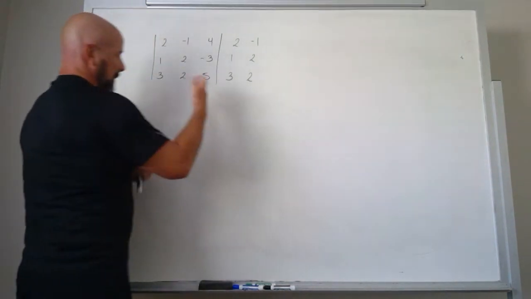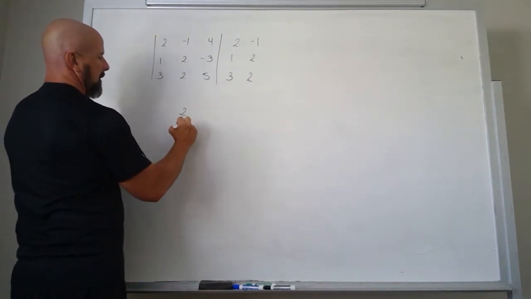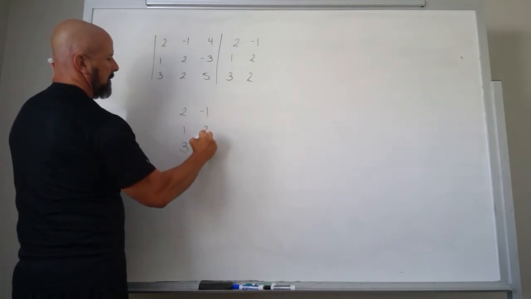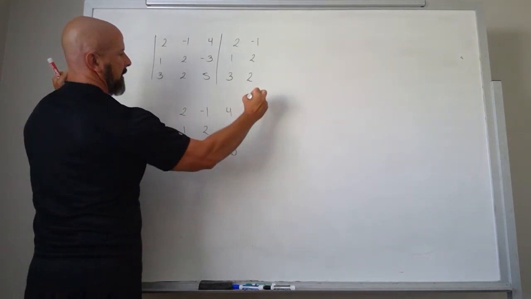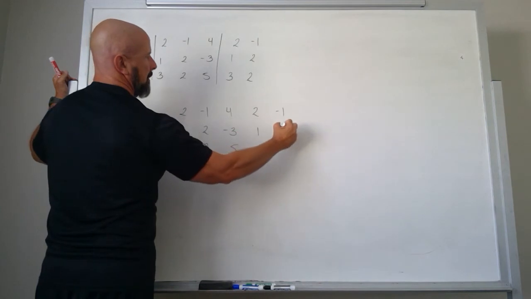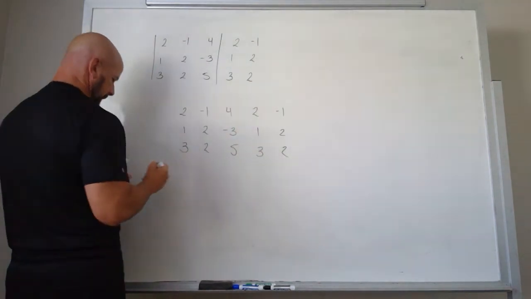I'm going to come back and we're going to work this problem, but just to kind of show you, instead of just talking through it, I'm just rewriting it down here. So this would be all of the elements. I've got my 3 columns and the 2 that I rewrote.